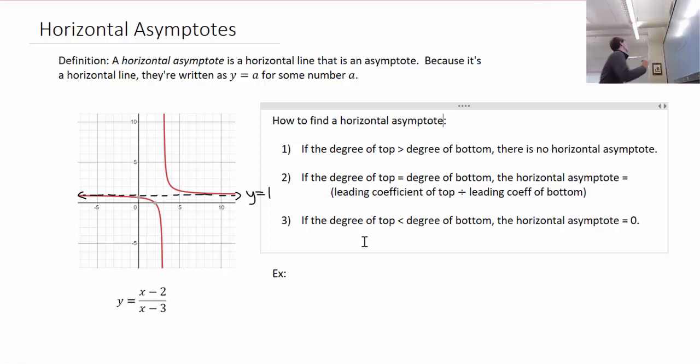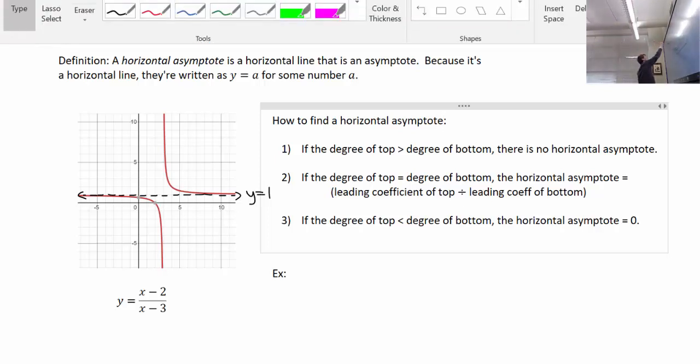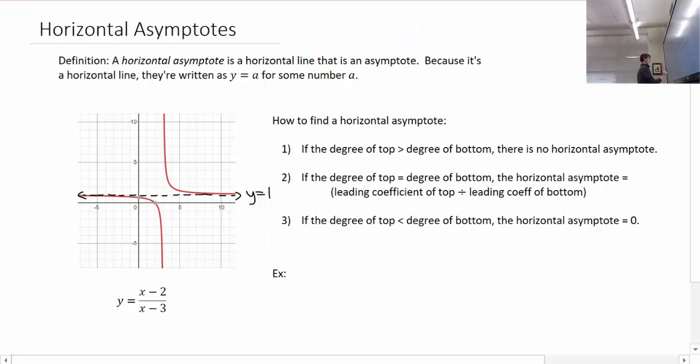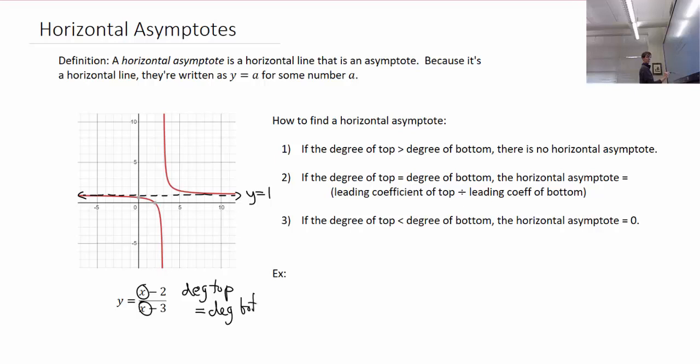Okay, so I look at here and here. I see the degree of the top equals the degree of the bottom. Okay, so then I look at the leading coefficients, and that's 1 over 1.